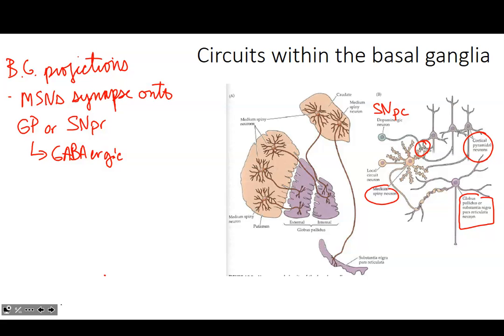These two, the GP and the SNPR, the globus pallidus and the substantia nigra pars reticulata, we'll think of them as pretty identical. The SNPR is involved in vision. We're not going to get into that too much, but I think it's worth mentioning that both of them are similar cells. They perform similar functions, so comparable neurons.